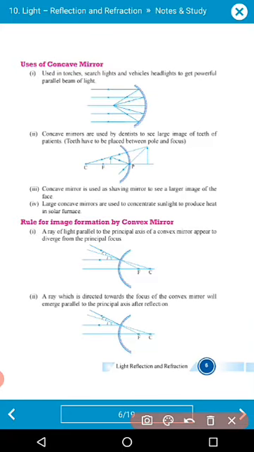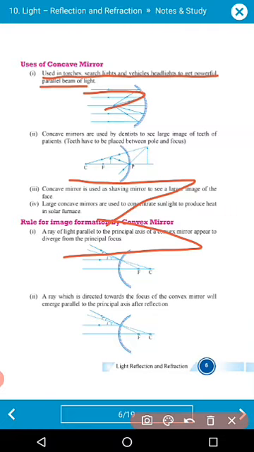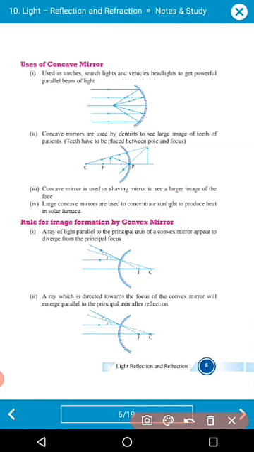So it is used in torches, searchlights, and headlights of vehicles, because all the parallel beams are focusing at a single point. Understood?